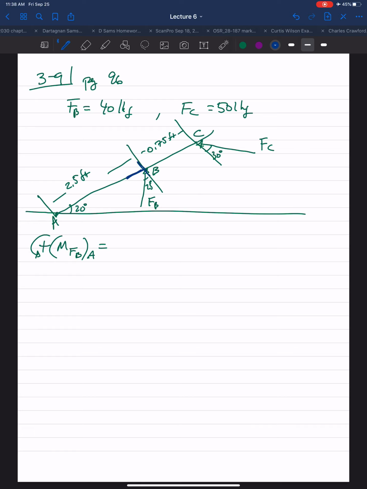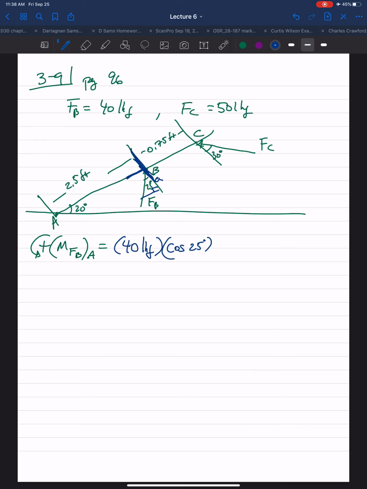We take the vertical component, which has a perpendicular distance between the line of action of force B and point A. If this is our right triangle, the vertical component would be the A leg, so cosine of 25. FB was given as 40 pounds force, times cosine of 25 degrees gives us the vertical component.